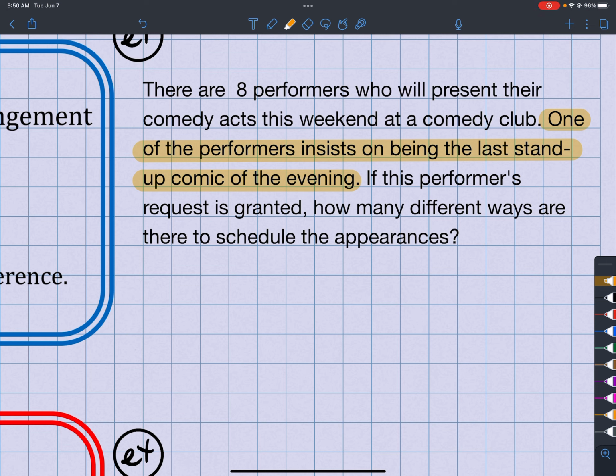So remember, there is a total of 8 performers, okay? Since there's 8 performers, one of them already insisted on being the last one. So if I had to pick from these 7 performers, my n is the 7 performers, my r, I have to pick for 7 spots.